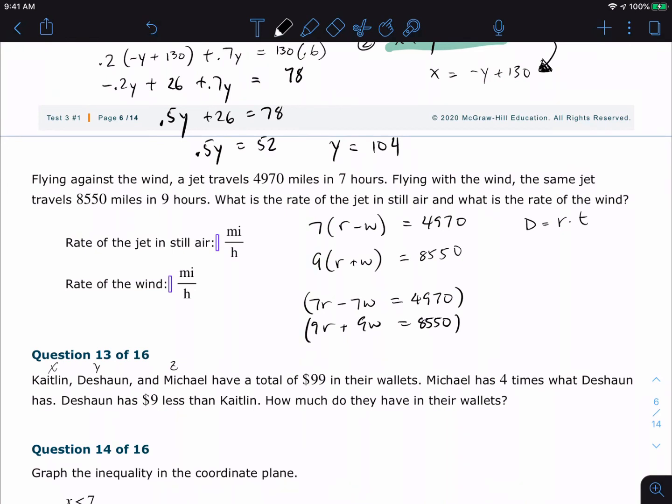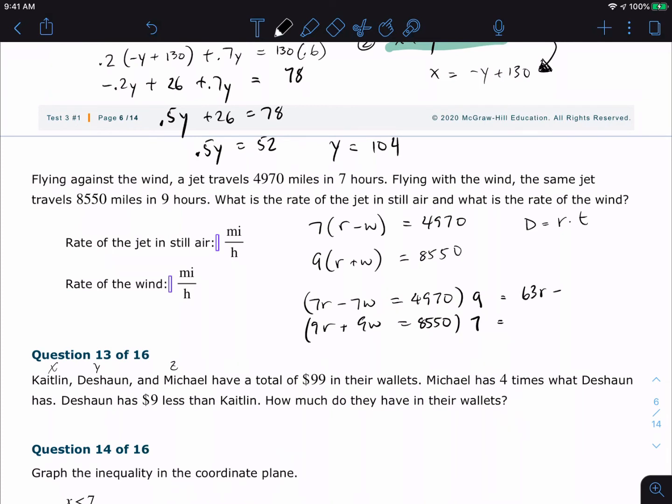No, they're close. It's just by 9. They already have the opposite signs, so I want them to have the same number with the opposite sign. What do I multiply the bottom one by? 7. By 7.